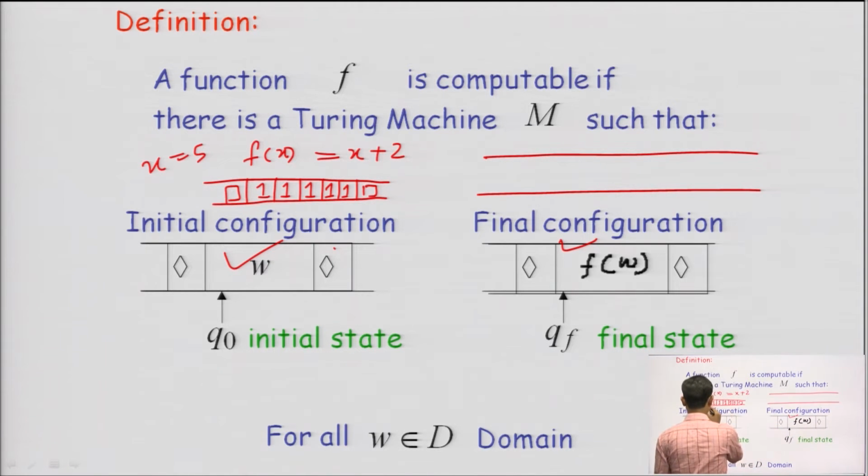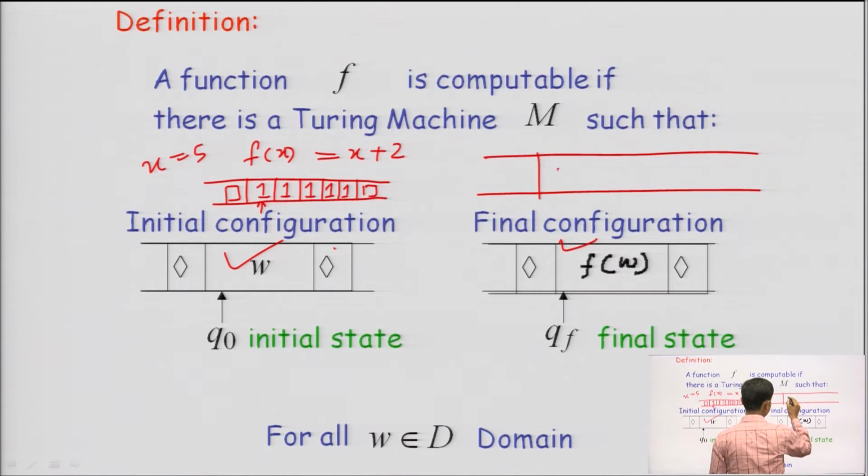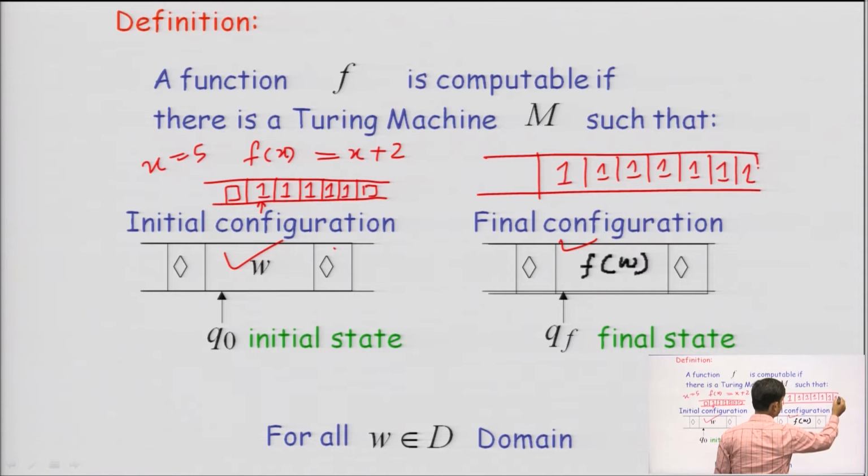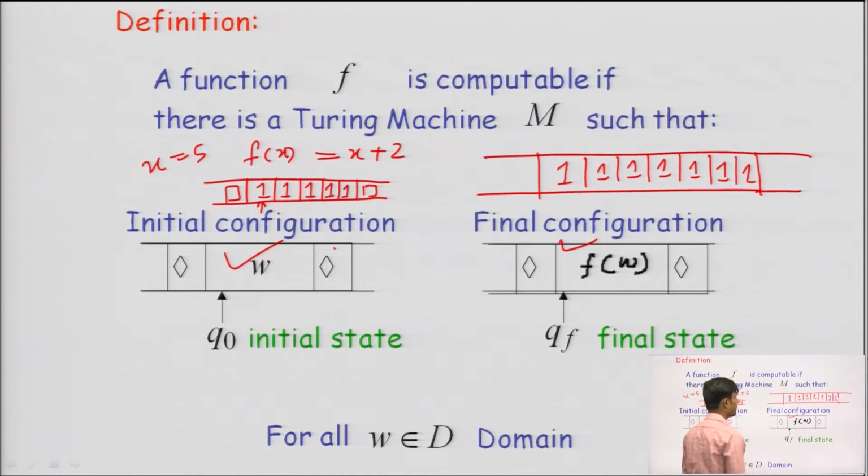Final configuration will be, you have to start from q0. Suppose we start from q0, you have to start from the initial state, and the tape has 1 1 1 1 1 1 1, that is seven 1s. This is the final configuration. So, this part is f(w).